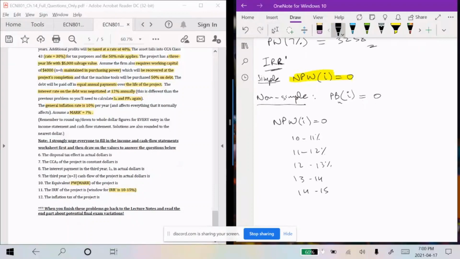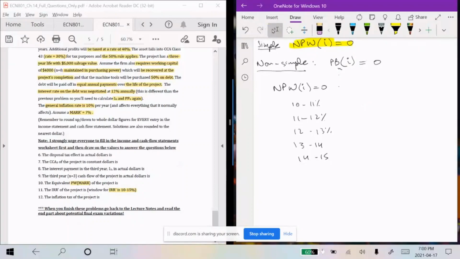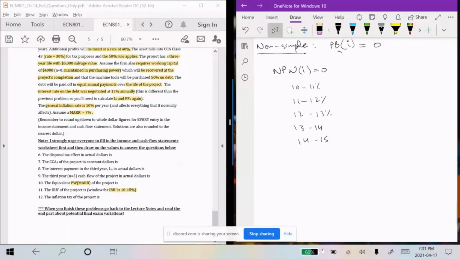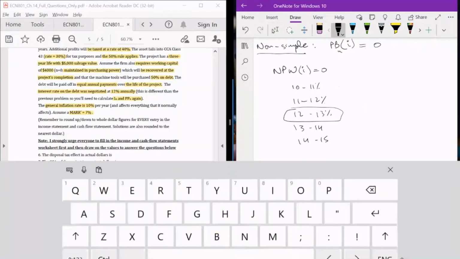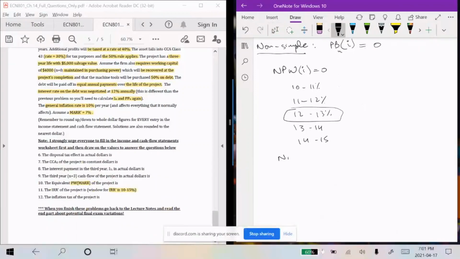Those are our options because that's the window for the IRR. So we need to substitute for I. To save time in the exam, we would just take the centermost value and calculate net present worth using 12%.